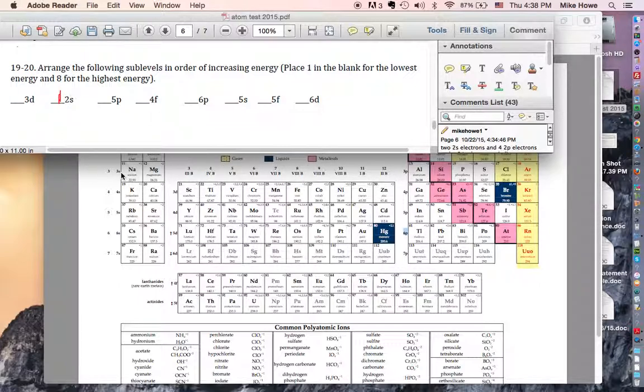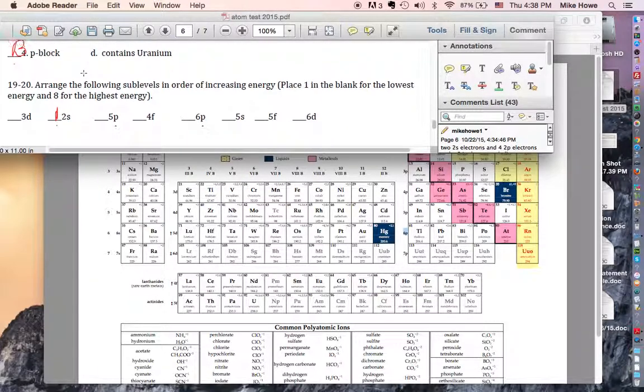It's not listed. 3s is not listed. 3p is not listed. 4s, not listed. 3d is listed. See, it's down here. So we'd put a 2 in front of 3d. Then after 3d is 4p, and 4p is not listed. Then it's 5s. 5s is listed, so that'd be number 3.